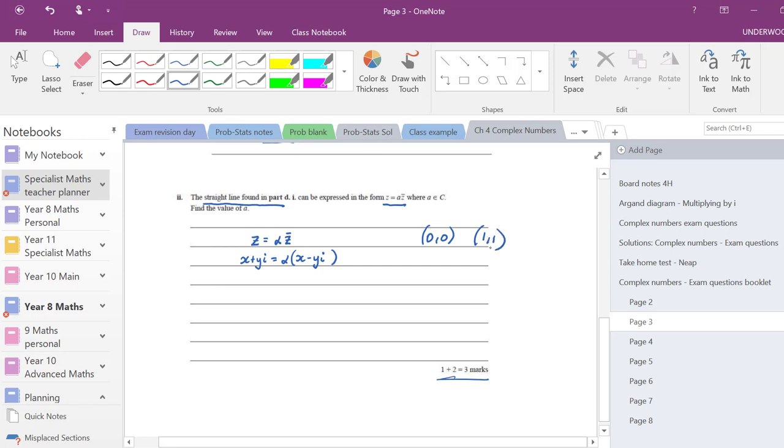So what we can say then is, now 0, 0 is not going to be very helpful, because if we use that point, then it's not going to be very helpful at all. So why don't we substitute 1, 1 in? Which means we've got 1 plus i is equal to alpha, which we don't know, times 1 minus i.